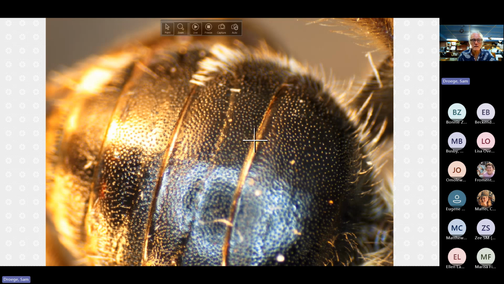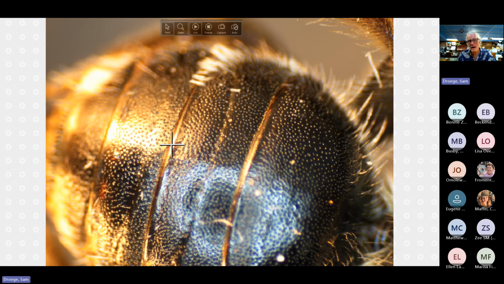So the amount showing isn't always the same just because this segment can slide under this segment. That's why we use T2 more, because it tends to do that less than the lower abdominal segments.